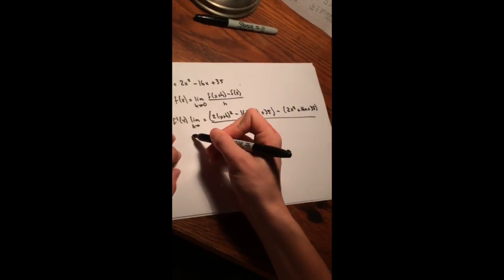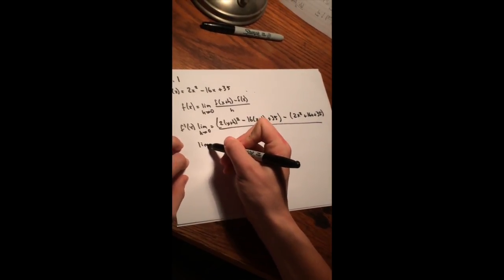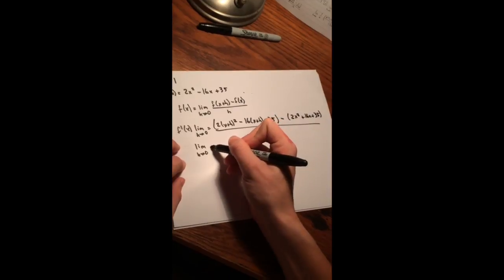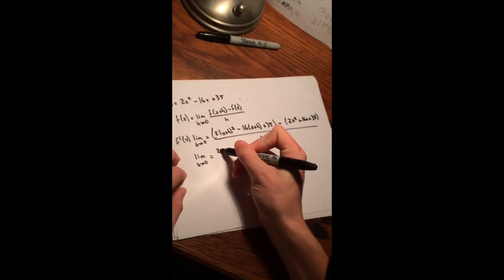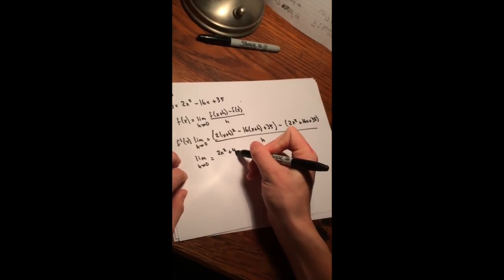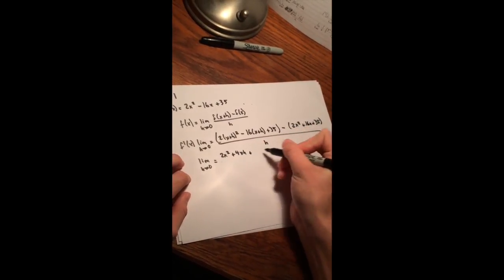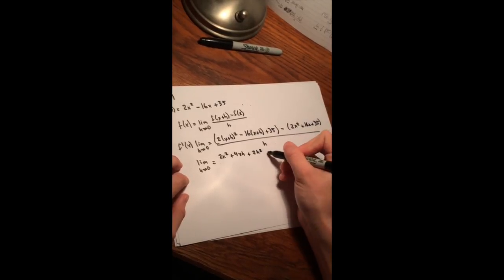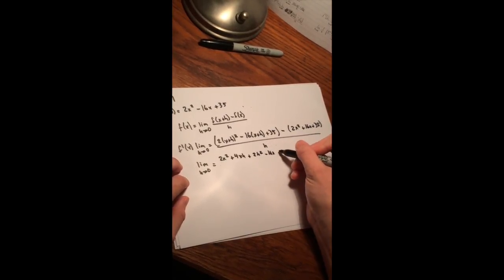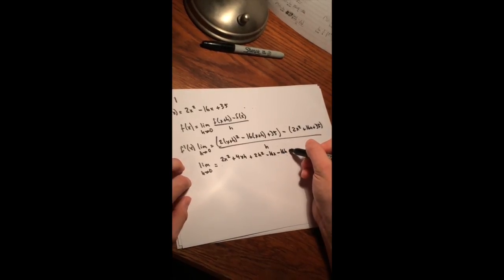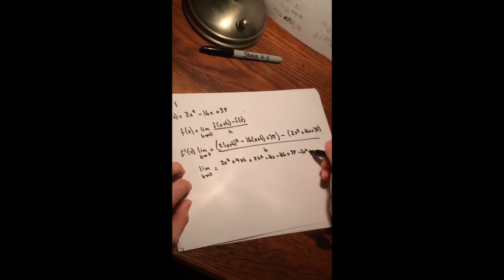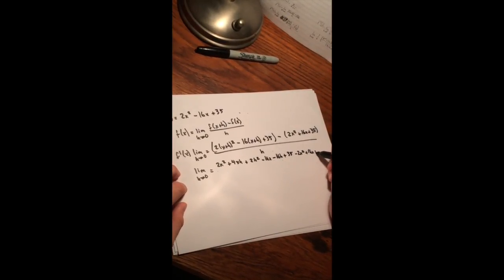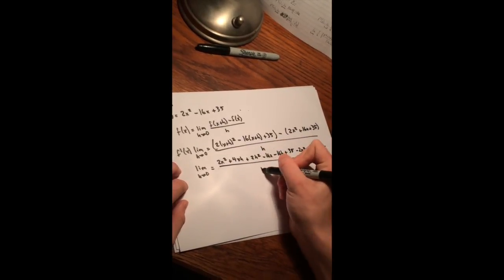From here, we can simplify this. So, as h approaches 0, we know that as we FOIL this out, this is 2x squared plus 4xh plus 2h squared minus 16x minus 16h plus 35 minus 2x squared plus 16x minus 35, and this is all over h.